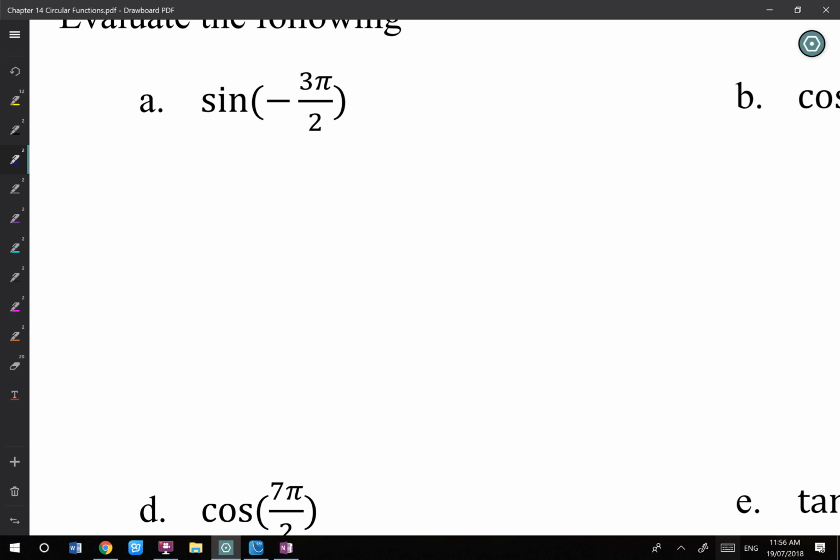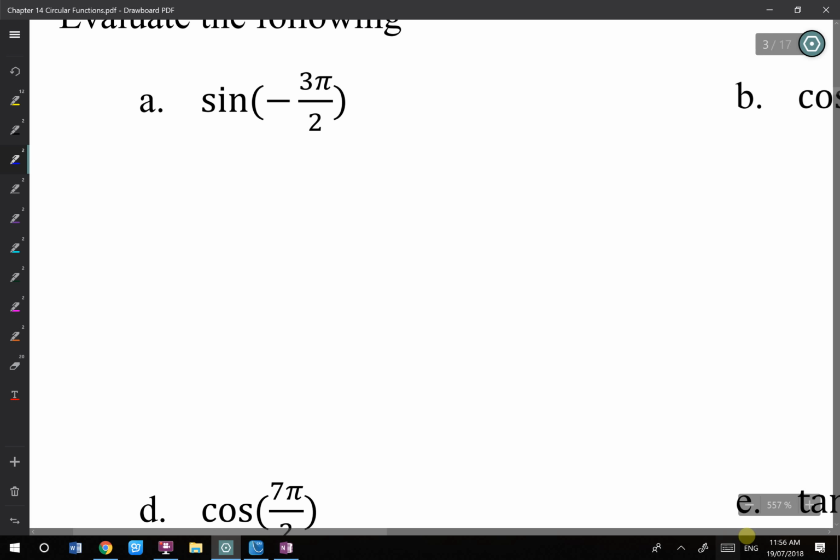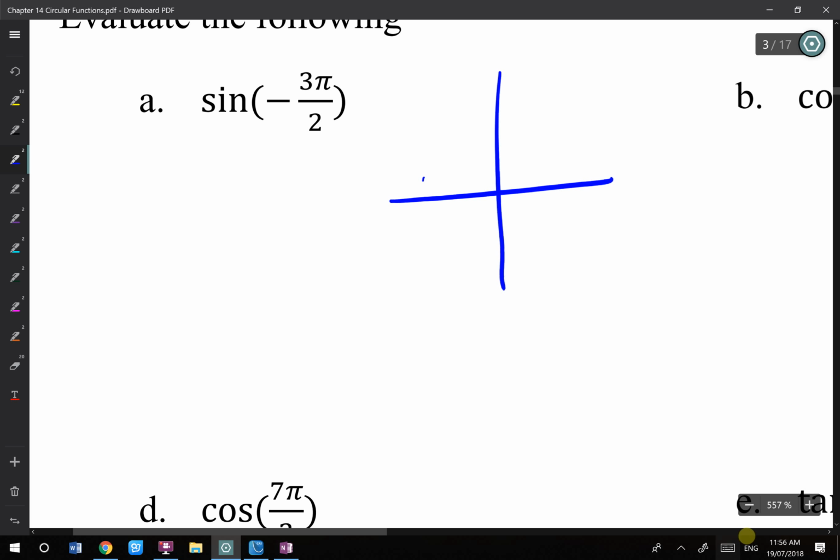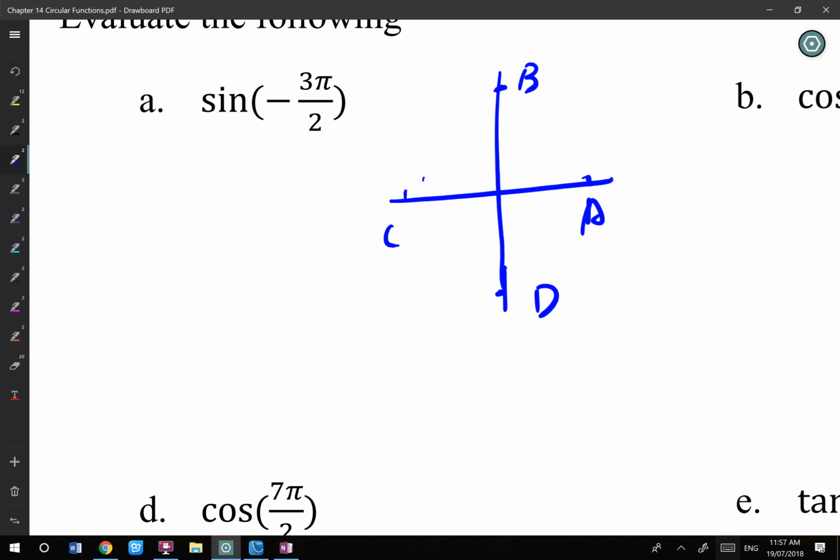Sine of -3 pi over 2, where is it? I will say I have points A, B, C, D on the unit circle. Can you tell me which point? It's negative.